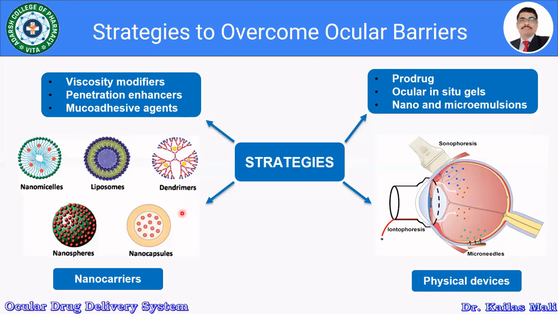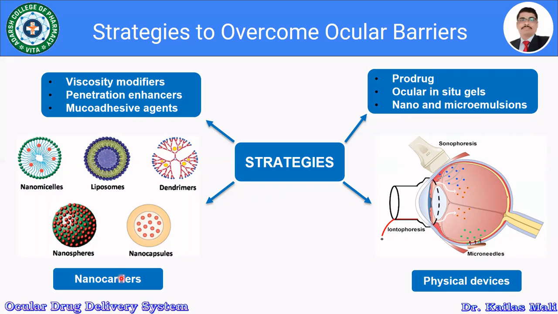The strategies are divided into the use of viscosity modifiers in the formulation, use of penetration enhancers, use of mucoadhesive agents, prodrugs, ocular in situ gels, or nano and microemulsions.